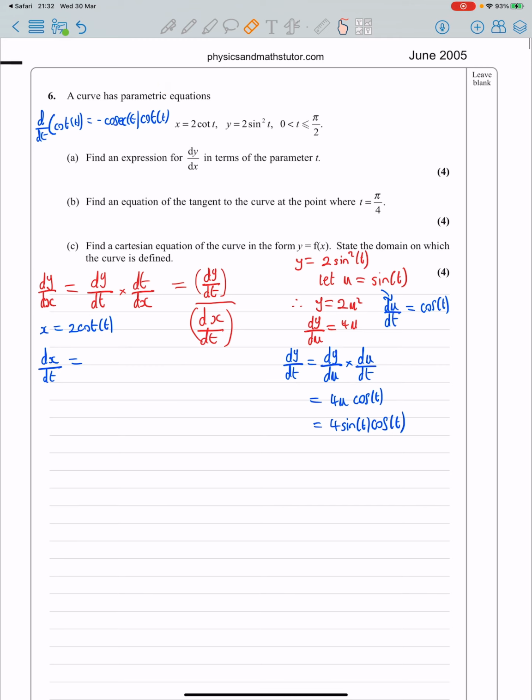So therefore dx/dt, given that x is 2 cot t, is minus 2 cosec squared t.